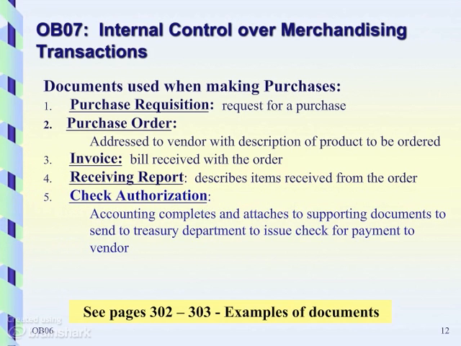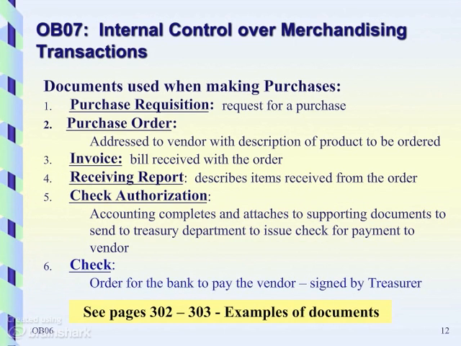The fifth item is check authorizations. Accounting completes and attaches the supporting documents to send to the Treasury Department to ensure that a check that is issued for the payment to the vendor has the proper information. And then lastly, the actual check itself is prepared.